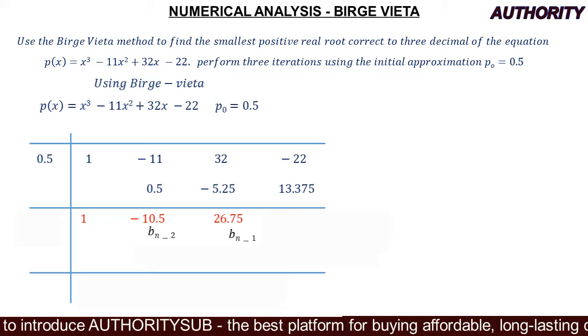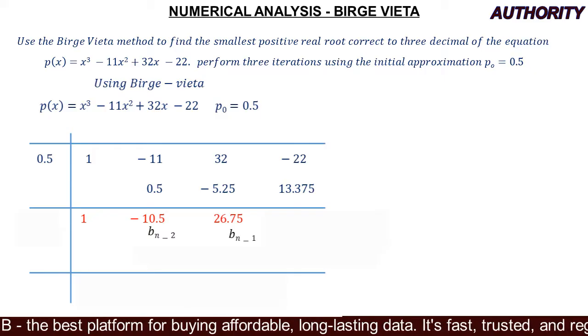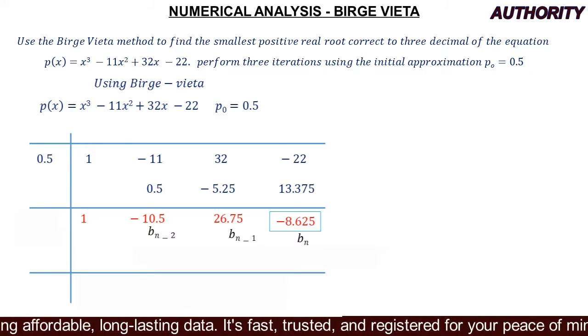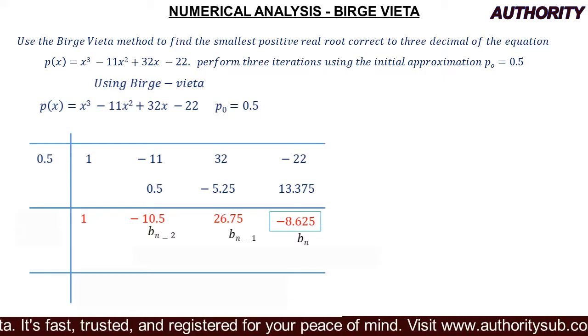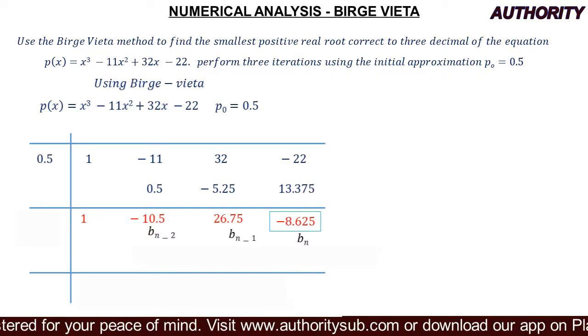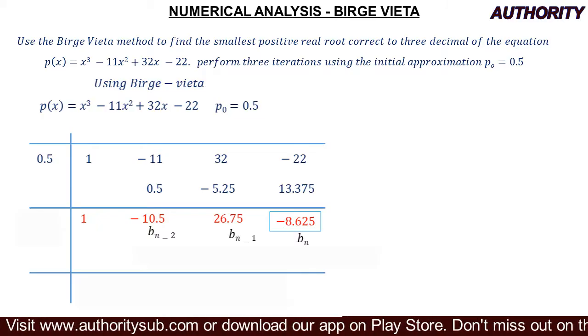Now we add these two together, which is minus 22 plus 13.375. When you add together, it's going to give you minus 8.625. So this last one here, we call it Bn.